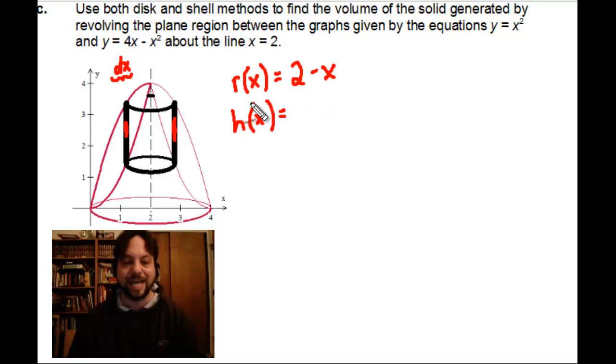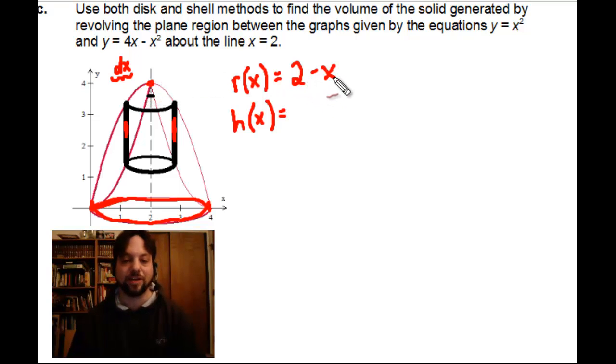To see why that's the case, when x is 0, notice that the shell will have a radius of 2. That would be this shell right here on the bottom. That's kind of outlined by the three-dimensional nature of the solid itself. So that has a radius of 2. When x equals 2, our shell will have a radius of 0, which will be that shell right there that you can barely see because it has a radius of 0.